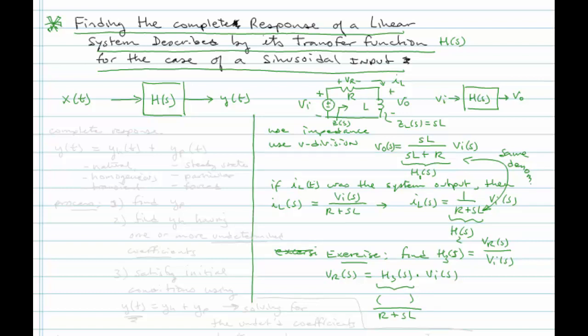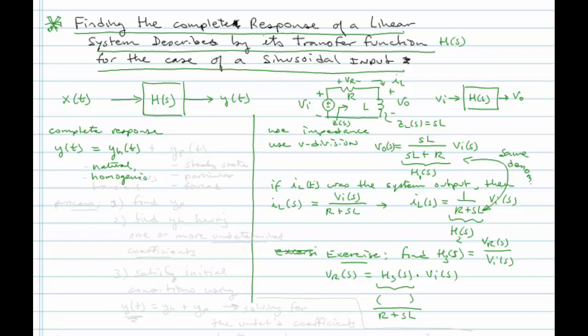We have an input x of t and an output y of t and a linear system H of s. So the complete response, we'll call that y of t, is made up of two components. There is a first component that is due to the natural response. This is natural or homogeneous.